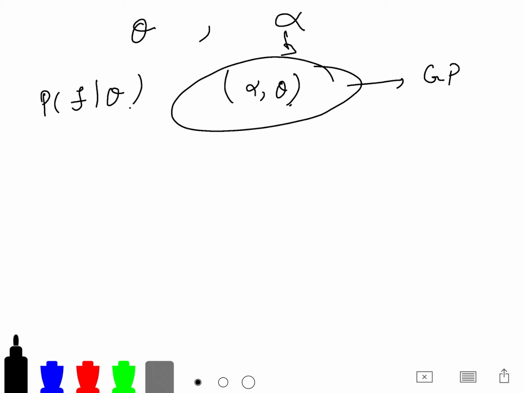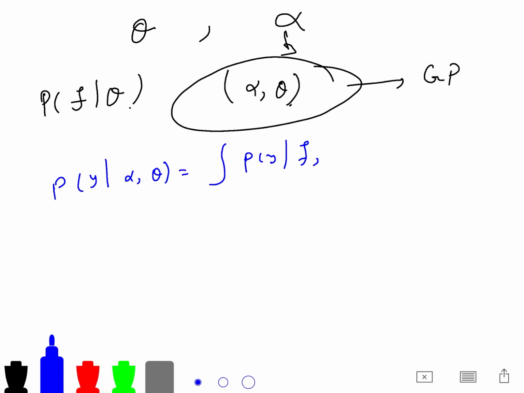A common practice is maximizing the marginal likelihood, which is the probability of y conditioned on alpha and theta, which is the integral of P of y conditioned on f and alpha, P of f conditioned on theta, df, and continuous optimization over alpha and theta will solve the problem.